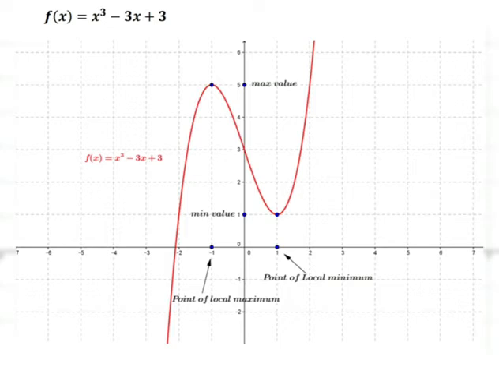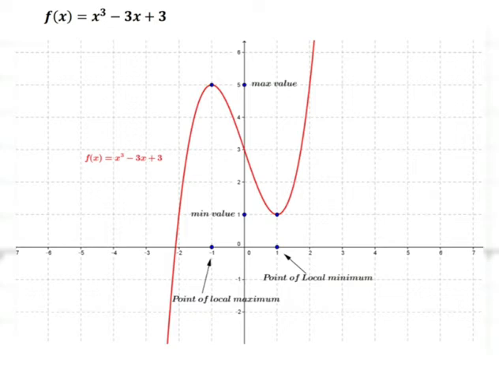So when we do that, you will find that the tangent and the x-axis, from the positive direction of the x-axis, when you measure the angle, it will be an obtuse angle. So whenever you have an obtuse angle between the x-axis and the line, the slope of that line will be negative.